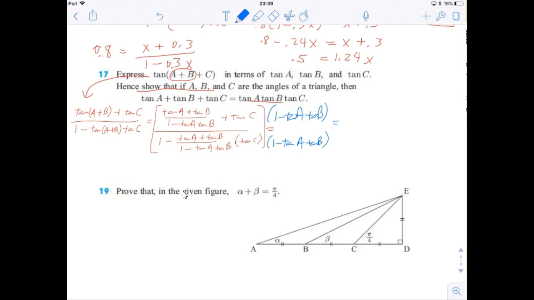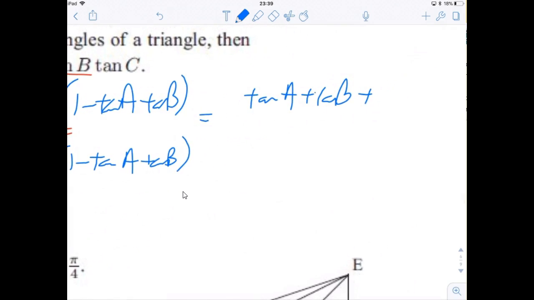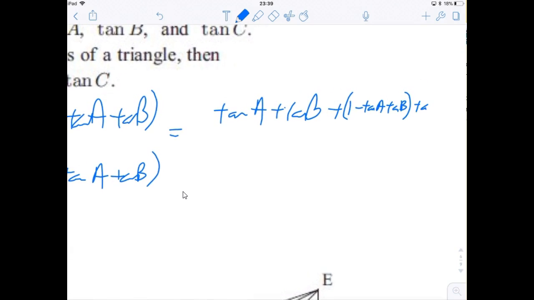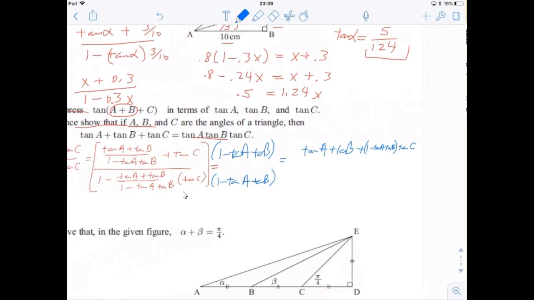And let's see what I get. So I would end up with tangent of A plus the tangent of B plus 1 minus the tangent of A tangent of B times the tangent of C, right? That would be the top.